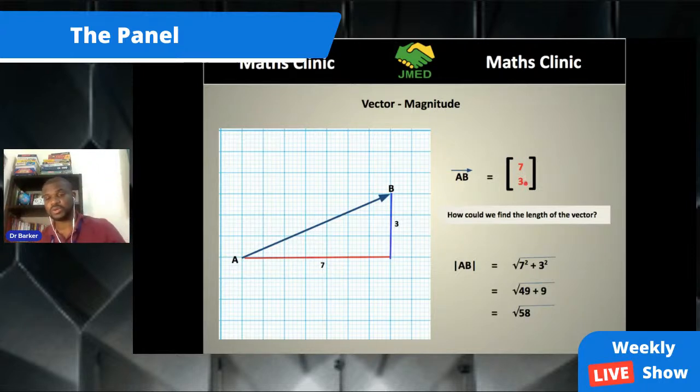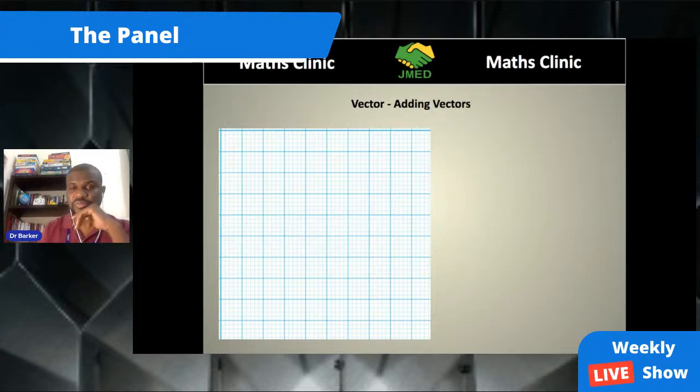But as someone pointed out, this is still Pythagoras' theorem. So it's not a new formula, it's just Pythagoras to find the length of the line, all right? And when you did coordinate geometry, you'd have seen the same thing. It's Pythagoras again. Pythagoras really comes up in math in a number of different ways. So if you can see the connections and transfer that information, it's easy for you. So that's Pythagoras on that one.